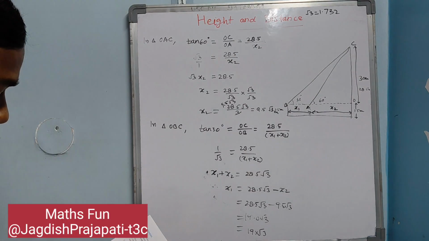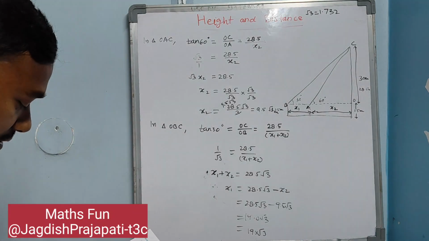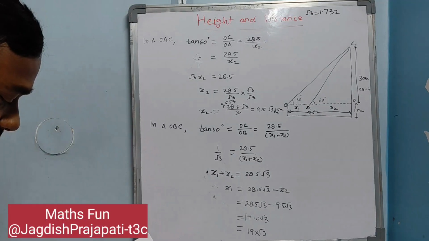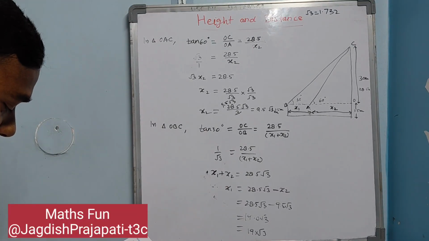Now question number 14. The shadow of a tower standing on a level ground is found to be 40 meter longer when the sun's elevation is lower. This question you can do on your own. 15. From a point on the ground, the angle of elevation of the bottom and top of a transmission tower fixed at the top of a 20 meter high building. This is exactly similar to question number 13. That is also a task for you.